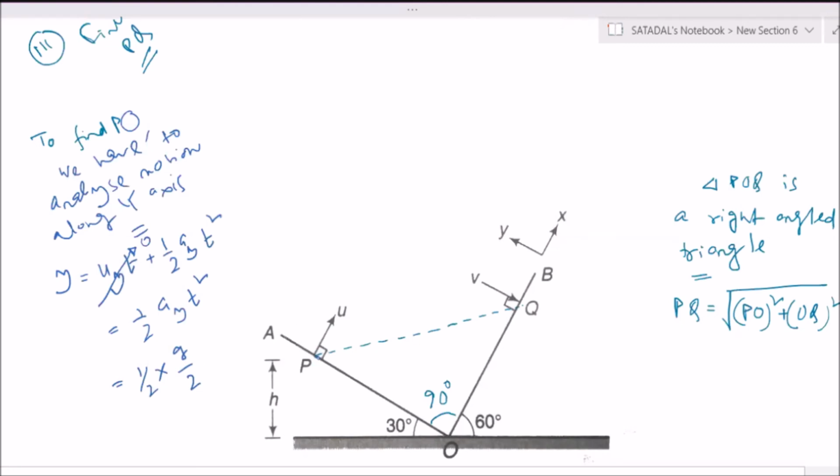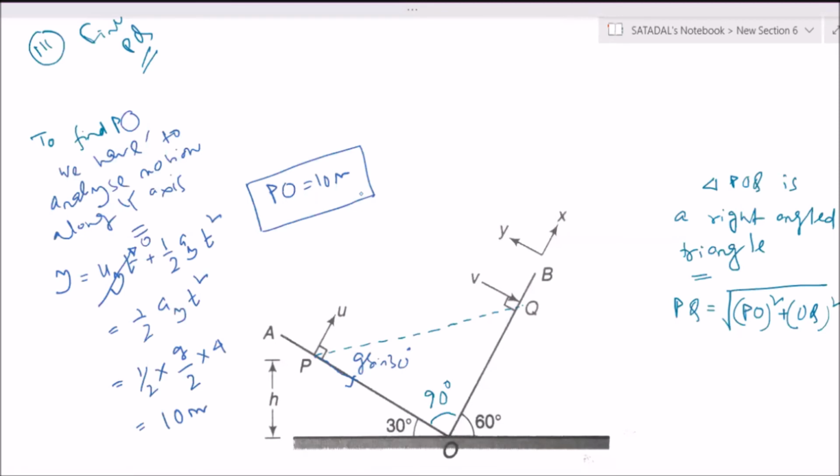In this direction, component will be g sine 30. That is g by 2 into t square means 4. So this comes to be 10 meter. So PO comes to be 10 meter. So PO is okay for everyone. Any doubt for PO? Correct?